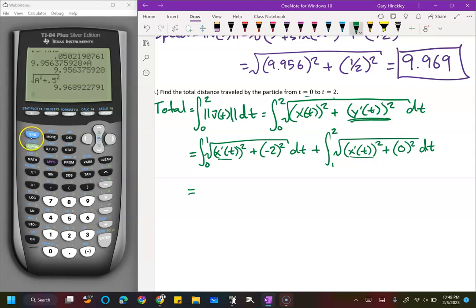So with my two integrals, that should be from 0 to 1, and that's going to be the square root of y1 squared plus -2 squared dx.